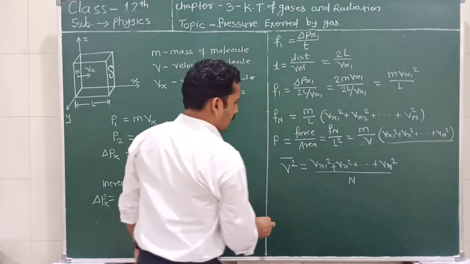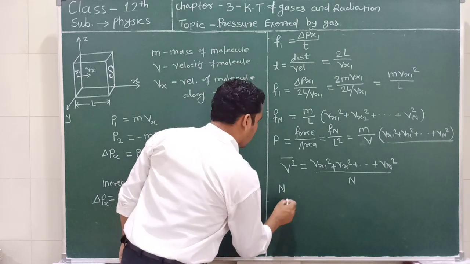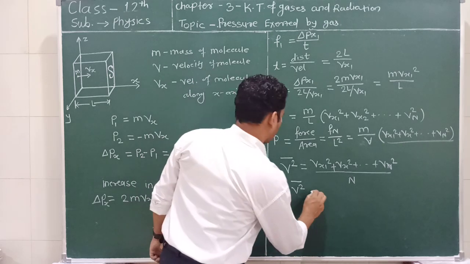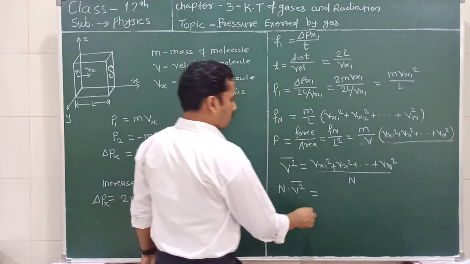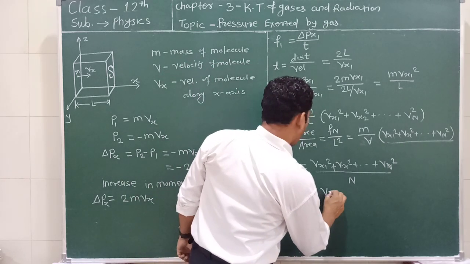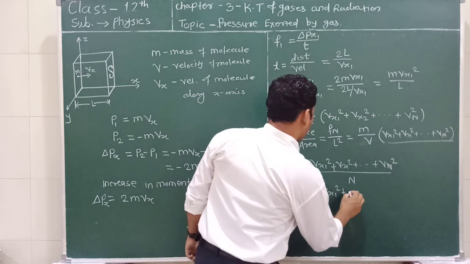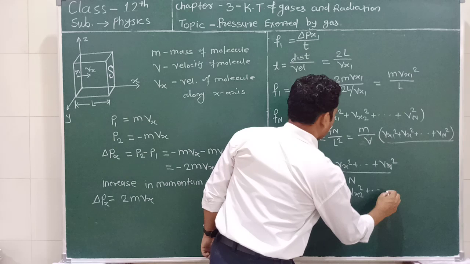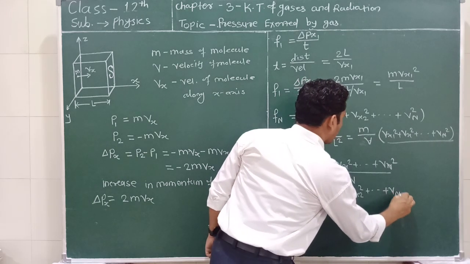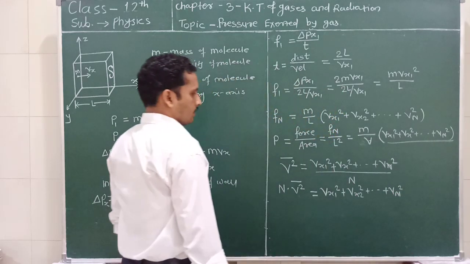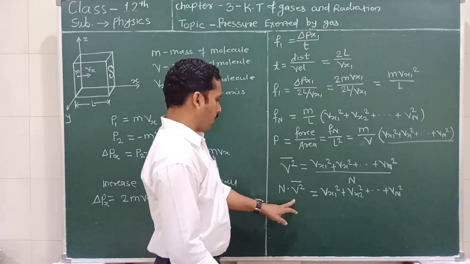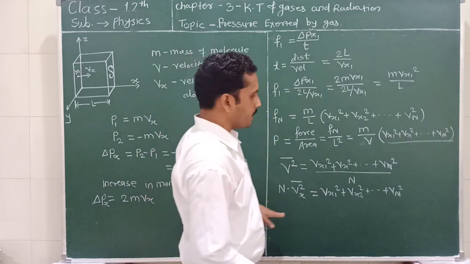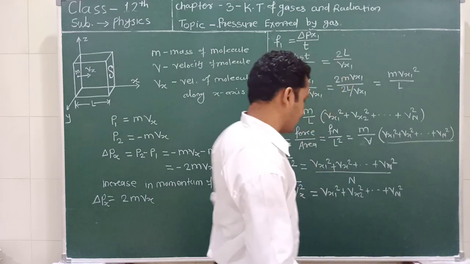So n multiplied by V square bar is equal to Vx1 square plus Vx2 square plus Vn square. Here we are writing x because we restrict ourselves along the x-axis.